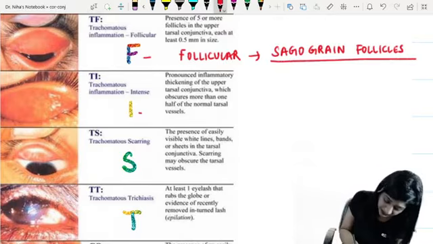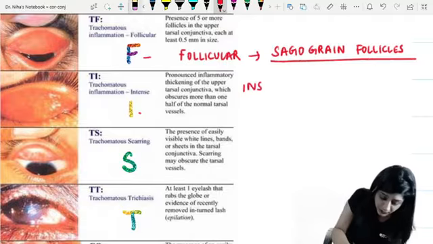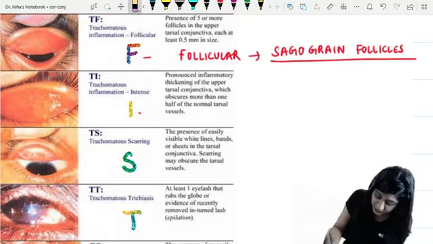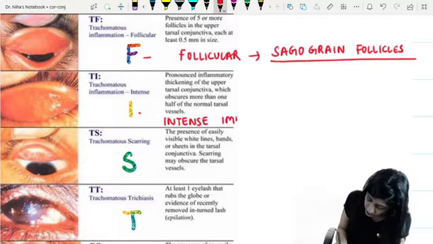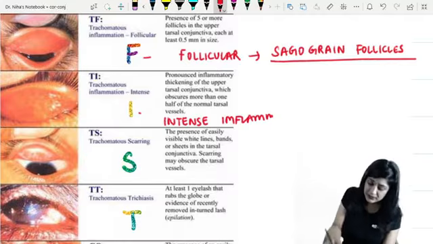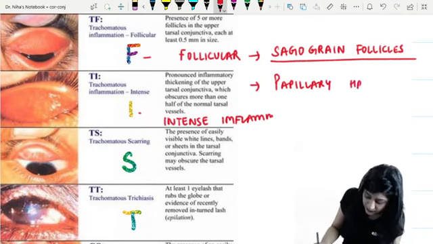Okay, then we have got I. I for the intense inflammation. We'll write here, it is the intense inflammation. So this intense inflammation is actually the papillary hyperplasia.